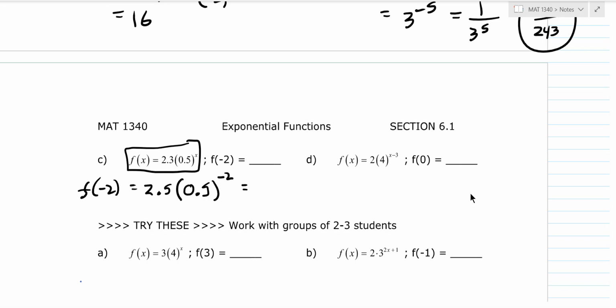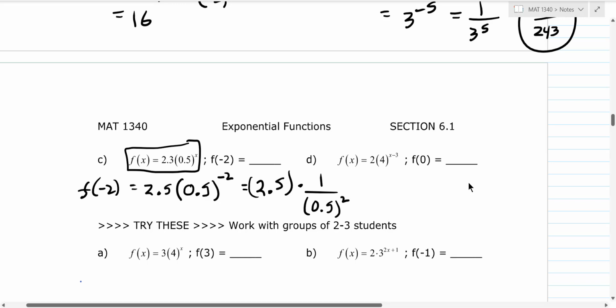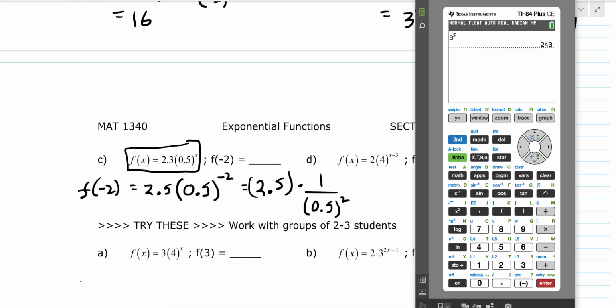Let's go ahead and at least do this. We have 2.5, and then you can write this next term as times 1 over 0.5 to the positive second, like that. And that's really kind of what makes this decay, is it's going to make that number smaller and smaller. Let's just do this on the calculator.